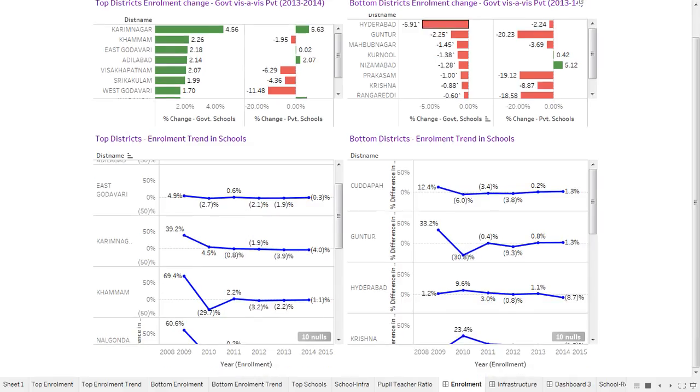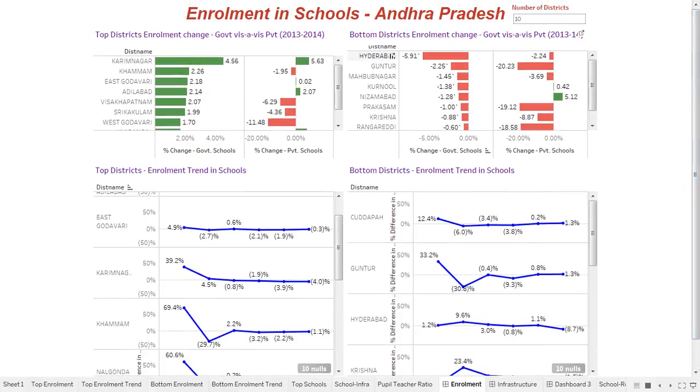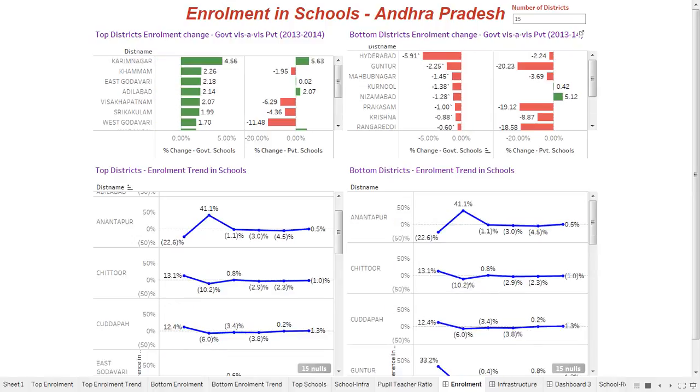As you can see, there are four different panes in this dashboard, and it takes the number of districts as an input. If I give 15, the top 15 districts in terms of percentage change in enrollment will be displayed here, and in this particular pane, the bottom 15 districts will be displayed for the same enrollment change.